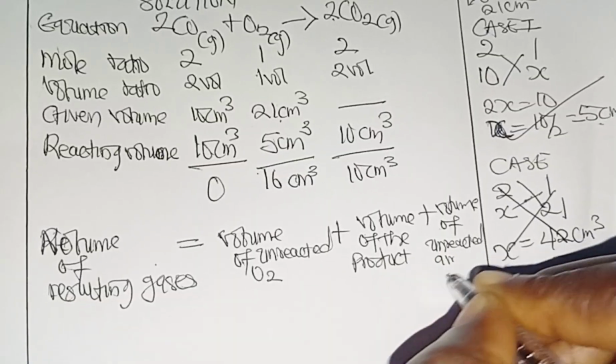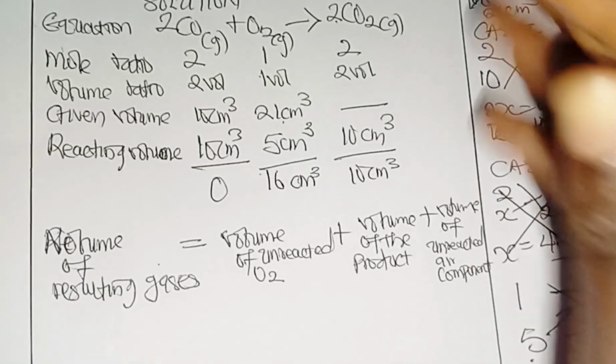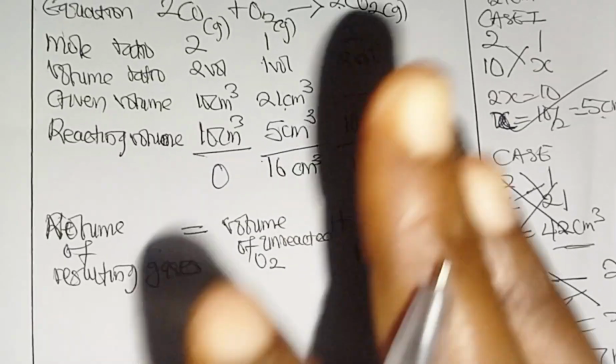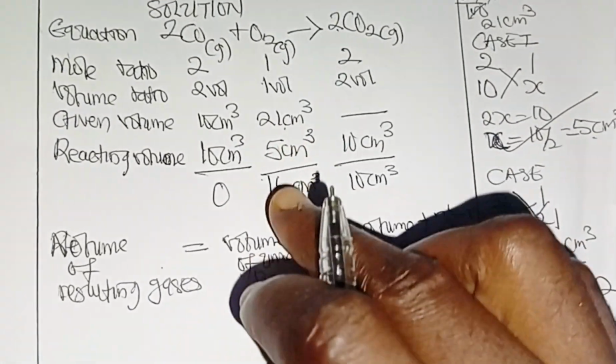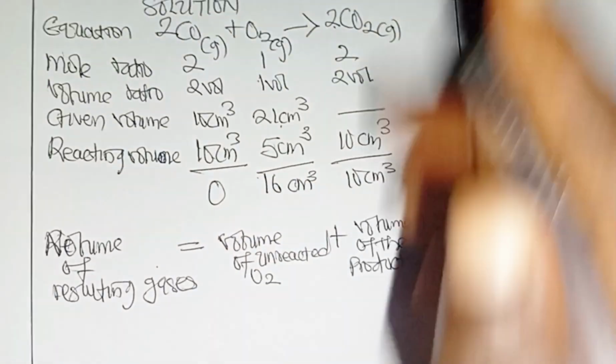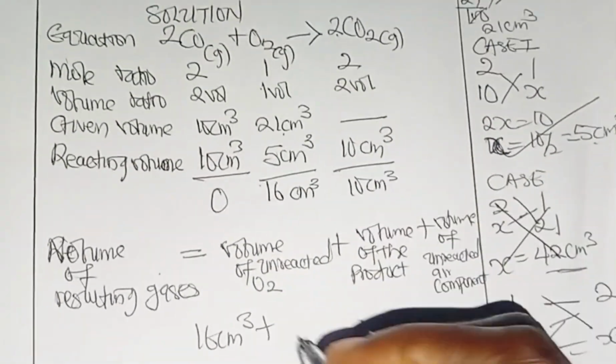The other components of air did not react. It was only oxygen that reacted. And after the reaction, we have 16 cm cube of oxygen that did not react. So we have 16 cm cube plus what's the volume of the product?